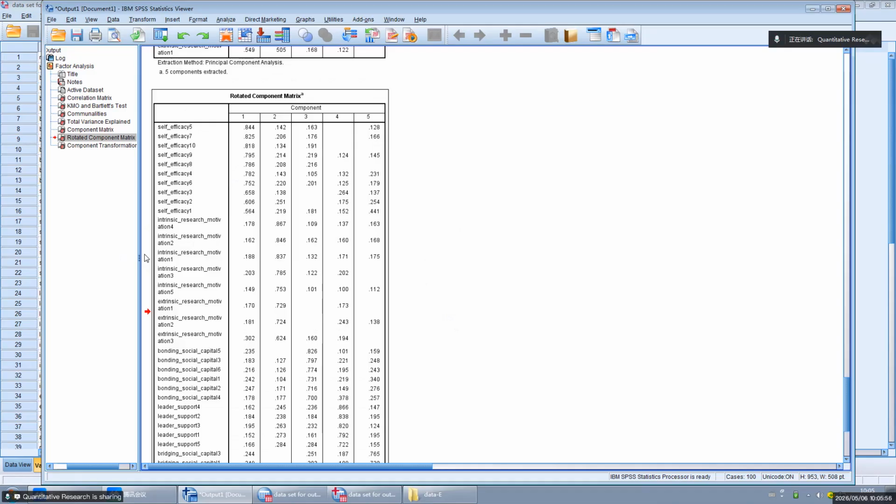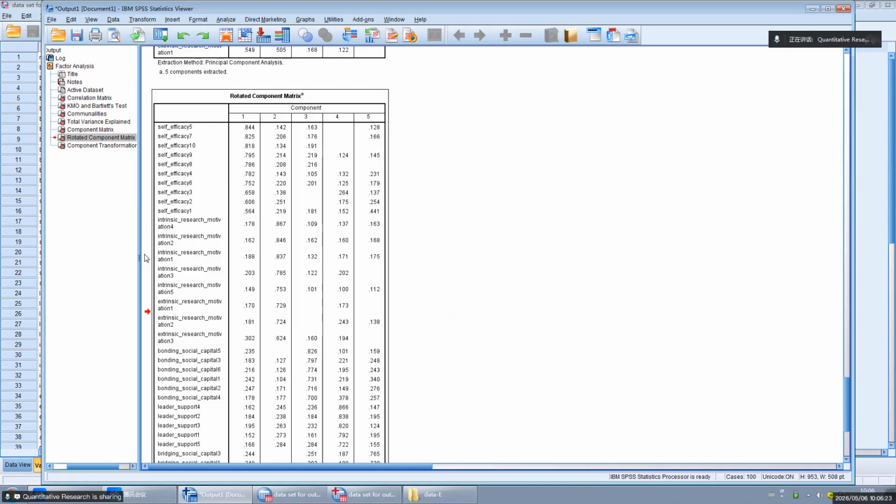For example, if you develop a new scale, in this case we are very strict with the quality of the data and the quality of the scale. So you have to remove the item with cross-loading.